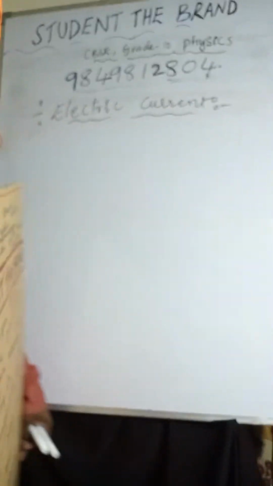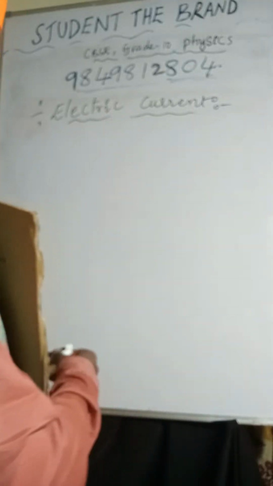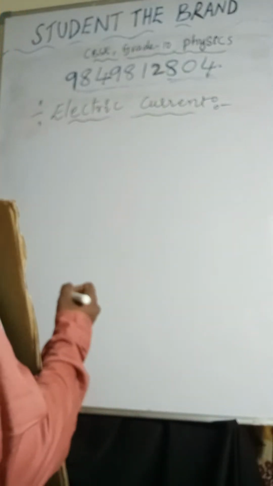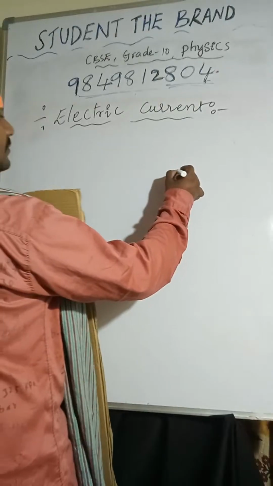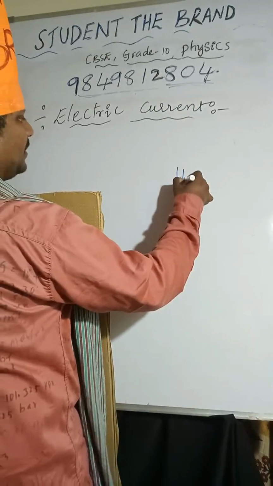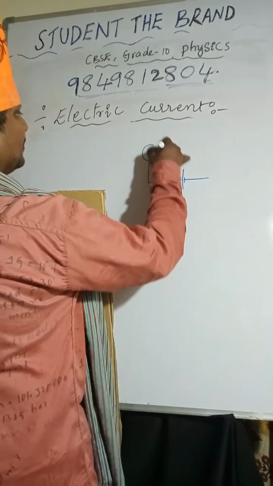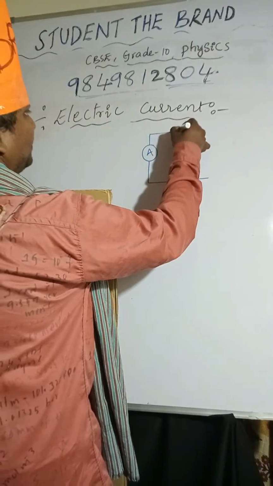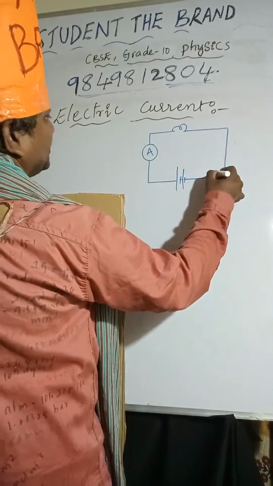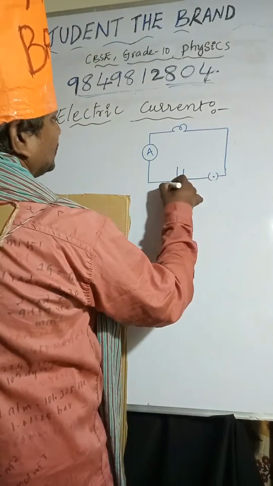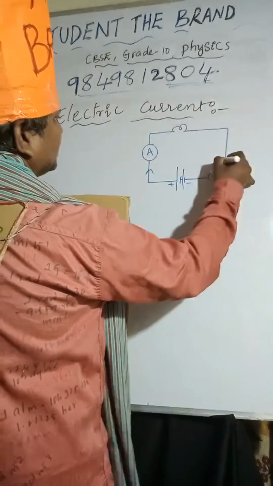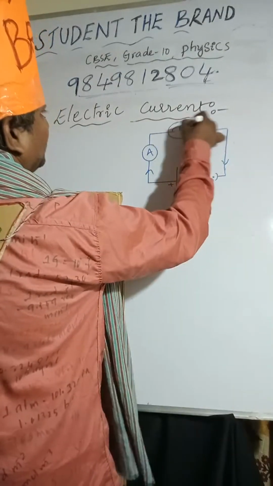Okay, so here we can see a cell, I'm taking the battery here, and ammeter and bulb, switch. So current is flowing like this.